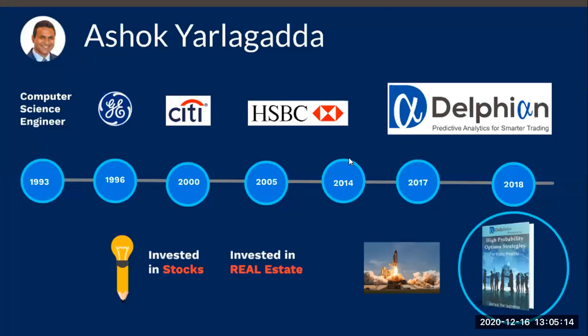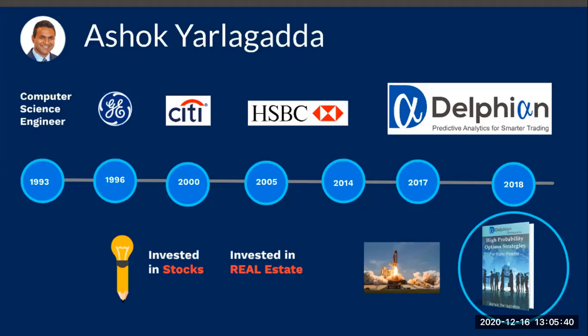And so we'll just talk real quick about Delphian Trading. Our founder and CEO is Ashok Yarlagadda. He started this quite a while ago. He's had some bad luck as far as getting in stocks in 2000 and real estate back in 2007.